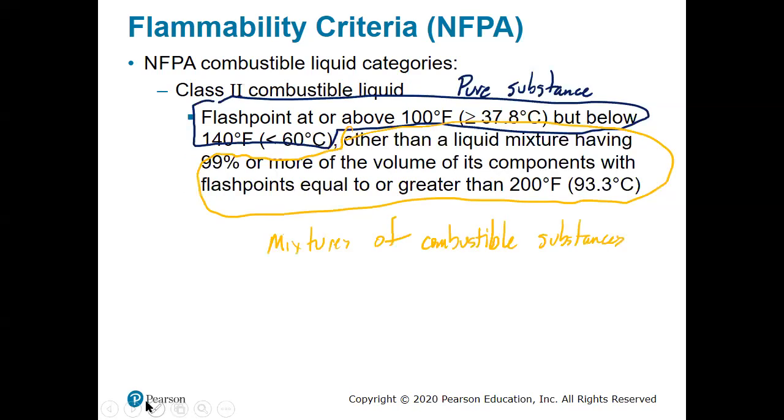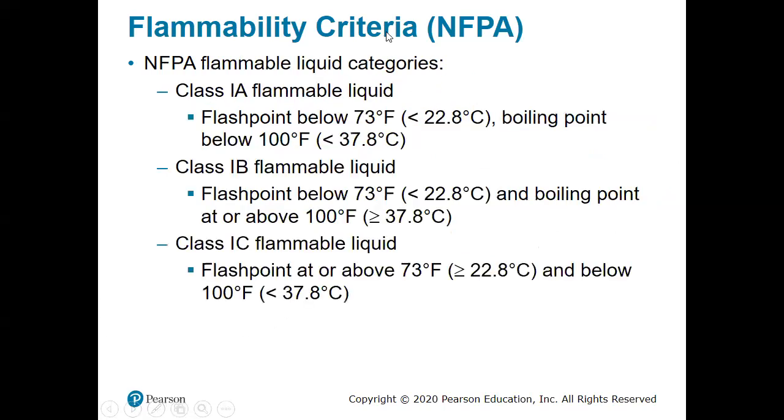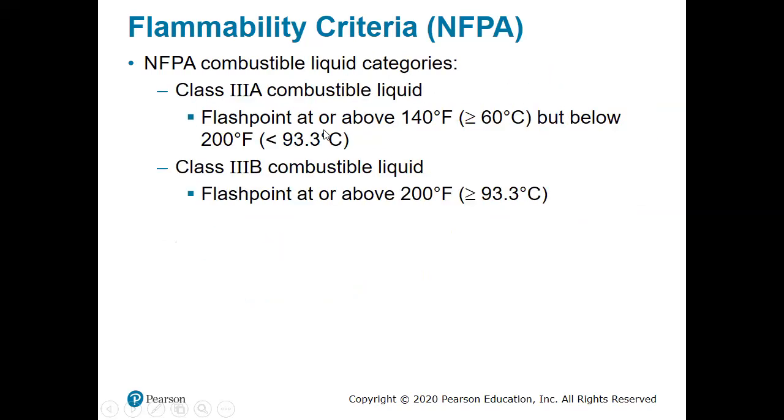And notice also, when we went from the class 1s to class 2 and class 3, notice how our description changed. We went from calling them flammable liquids in class 1 to combustible liquids in classes 2 and 3. So you can see, even in the language, that's where that defining line is between the two categories.